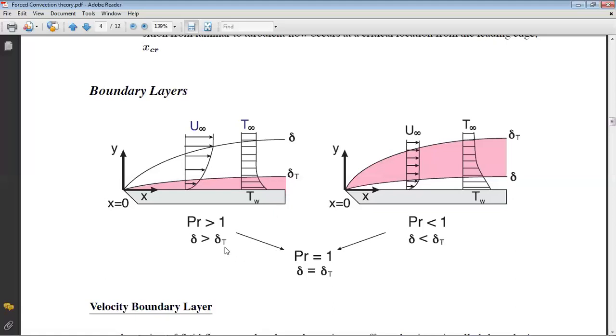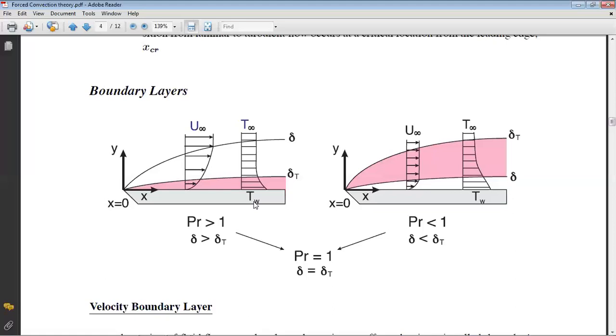In this case, we have two cases, one with a Prandtl number greater than 1, another with a Prandtl number less than 1. Prandtl number can also be defined as the ratio of velocity boundary layer to the thermal boundary layer.